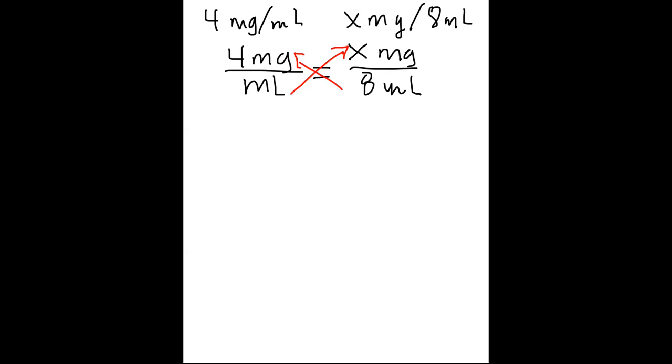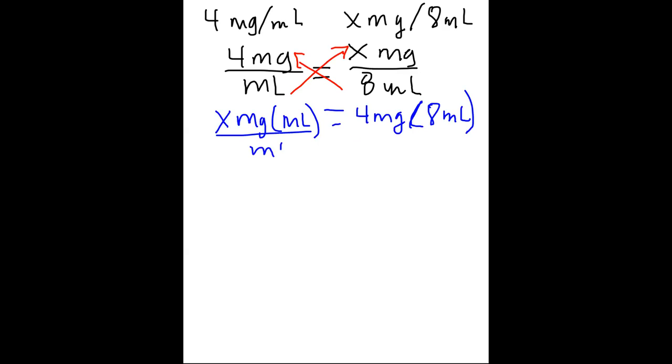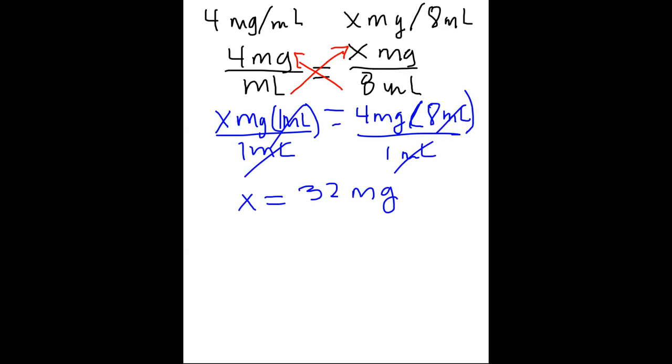X milligrams times mLs is equal to 4 milligrams times 8 mLs. And we're going to divide by our mLs, 1 ml, so our mLs are going to cancel. So X is equal to 32 milligrams. Let's go ahead and move on to the next problem.